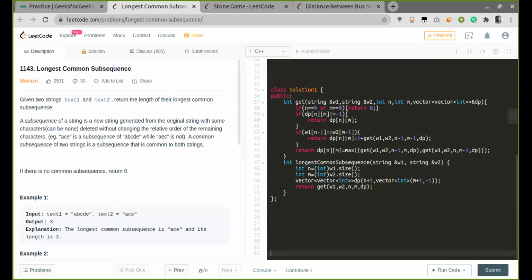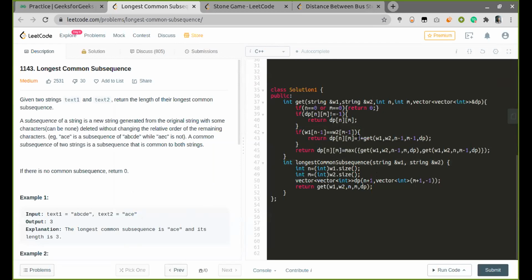Okay, so this is the recursive one, and I have memoized it. This part is where we try from the rightmost end and compare if both the characters are the same or not. If they are the same, then we know we need to keep this character in our answer.